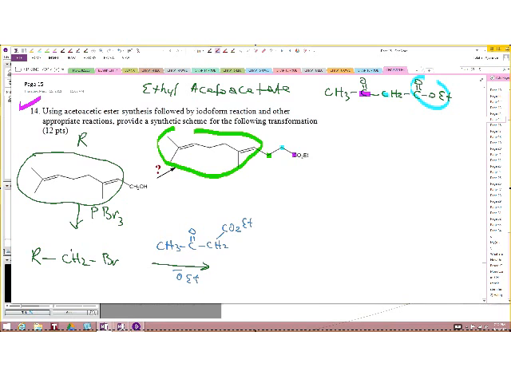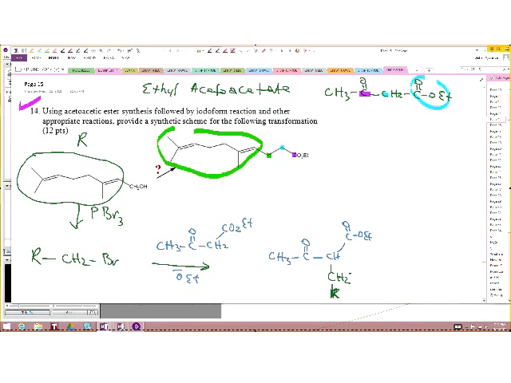And once you form this enolate, it attacks this carbon here, right? So therefore we form this product. And then this R here is now here.